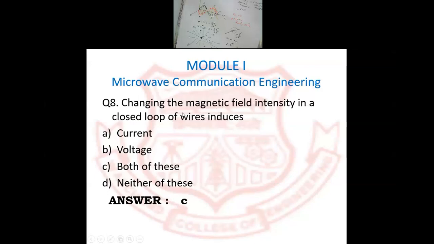Changing the magnetic field intensity in a closed loop of wire induces both the current as well as the voltage, because the wire is around it. Current is there, that is dq/dt, for a given particular wire. For a closed loop of wire, it induces whatever the voltage.